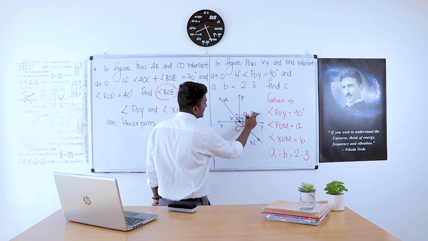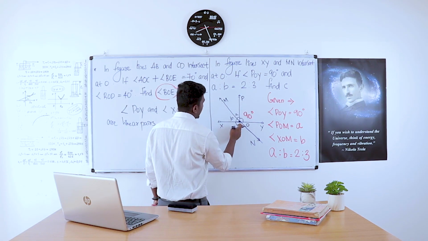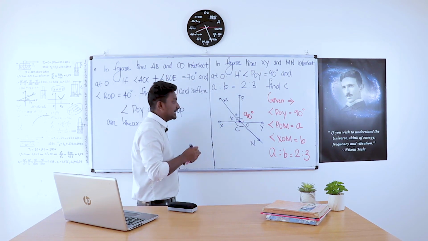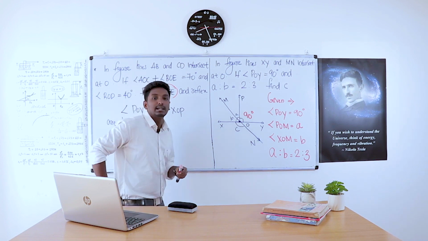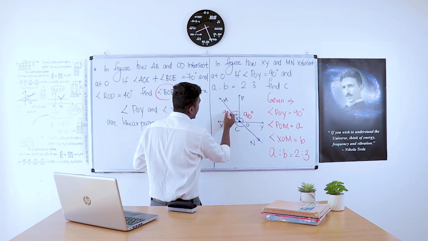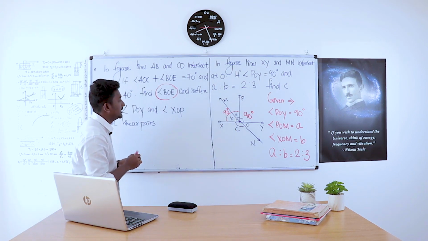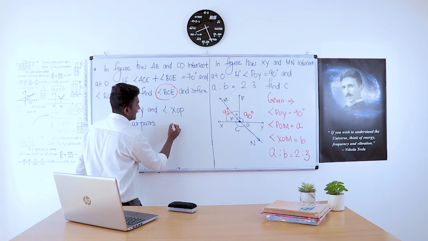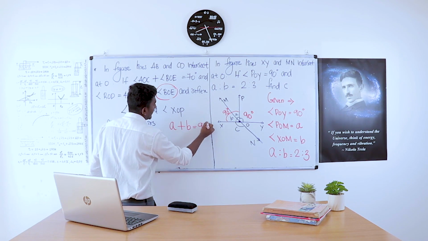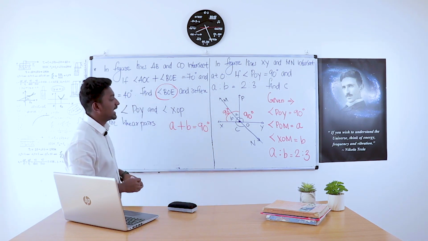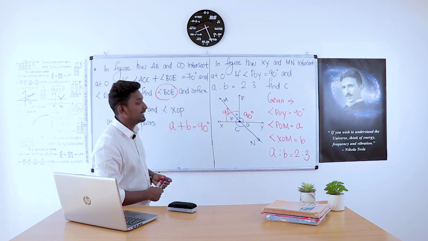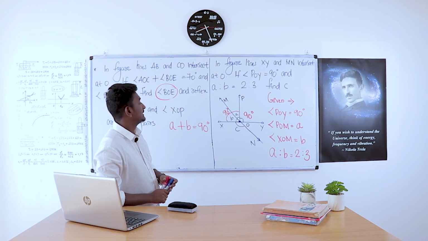Angle POY is 90 degrees, so angle XOP should also be 90 degrees because the sum of the angles in a linear pair should be 180 degrees. Then angle A plus angle B is equal to 90 degrees. Now we got the sum of A and B as 90.